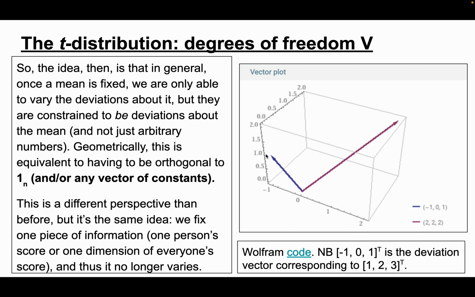So this represents a bunch of information about the scores, but that information always has to remain orthogonal to one dimension of the space because it's a vector of deviations, right? It's part of a vector that when added to a mean will give some other vector that we started with. So for that to be the case, this has to be orthogonal to this here.